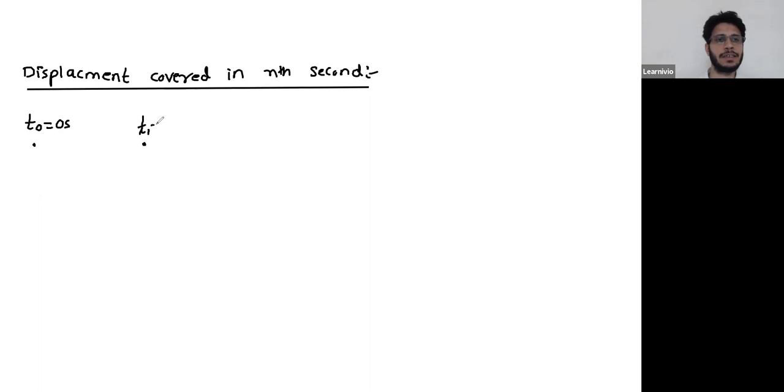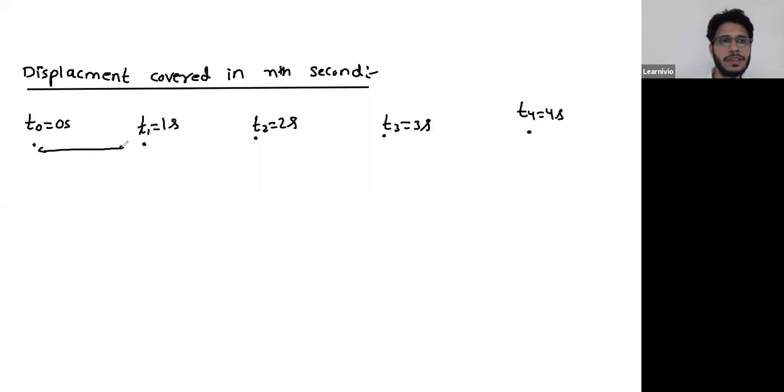Second instant is of 1 second. Next is 2 seconds. The next is third second and so on. Fourth second and so on. This interval from 0 to 1 is known as first second. When I say first second, it means the interval is 0 to 1.